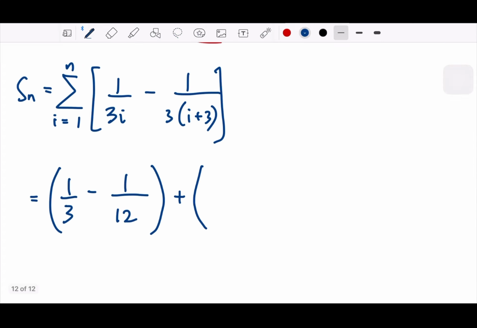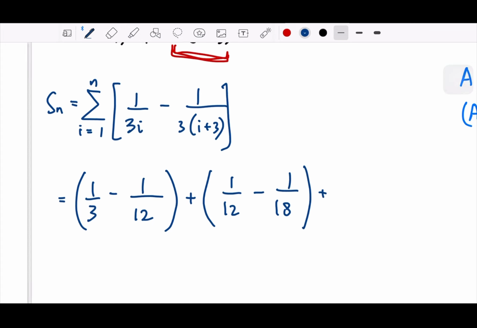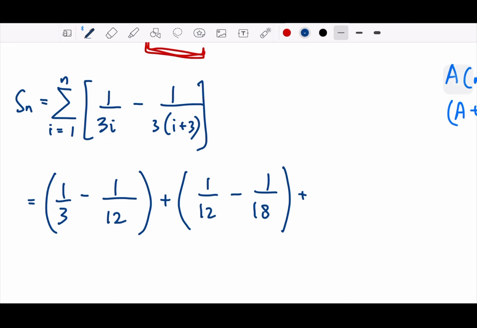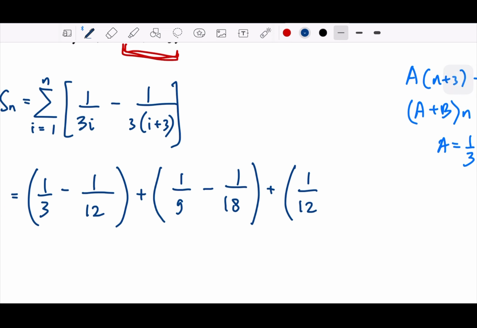Then plus 1 over 6 minus 1 over 18. Oh, sorry, it should be 9, it should be 12, it should be 21.